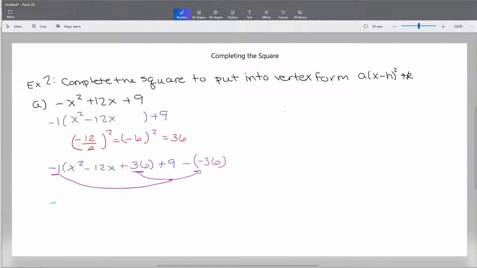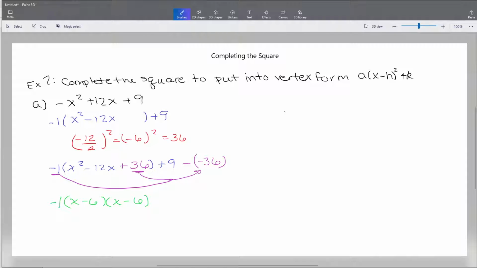So now I have to factor the inside part, so I want something that multiplies to +36 and adds to -12. So that should be -6 and -6. And now I have plus 9 and minus 36, right? So we know that minus is really plus.